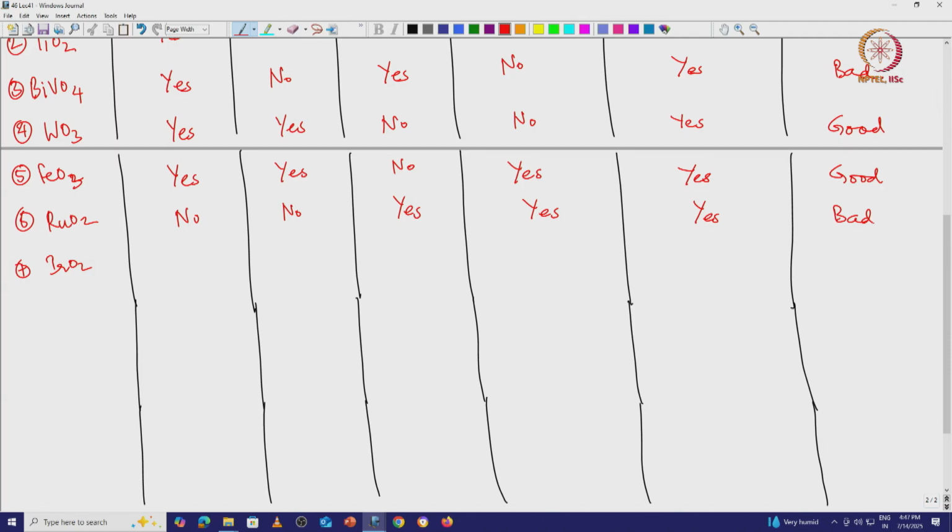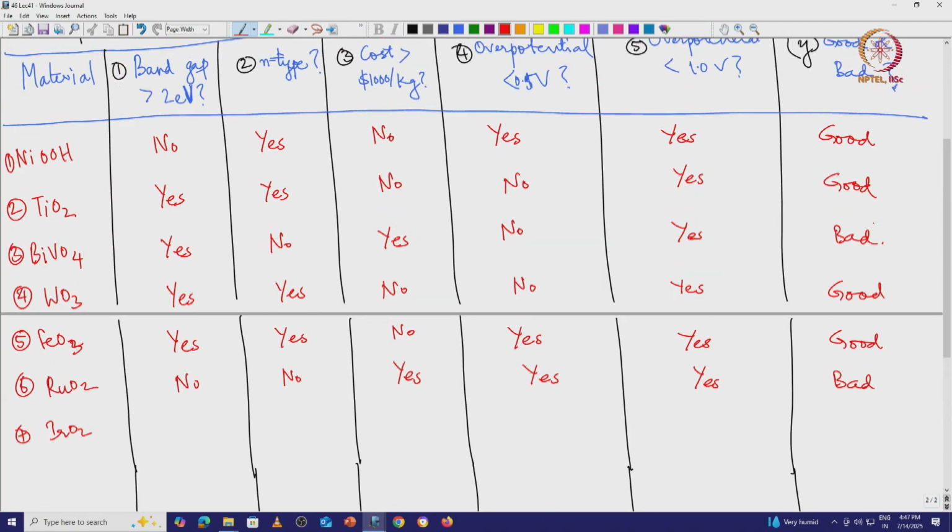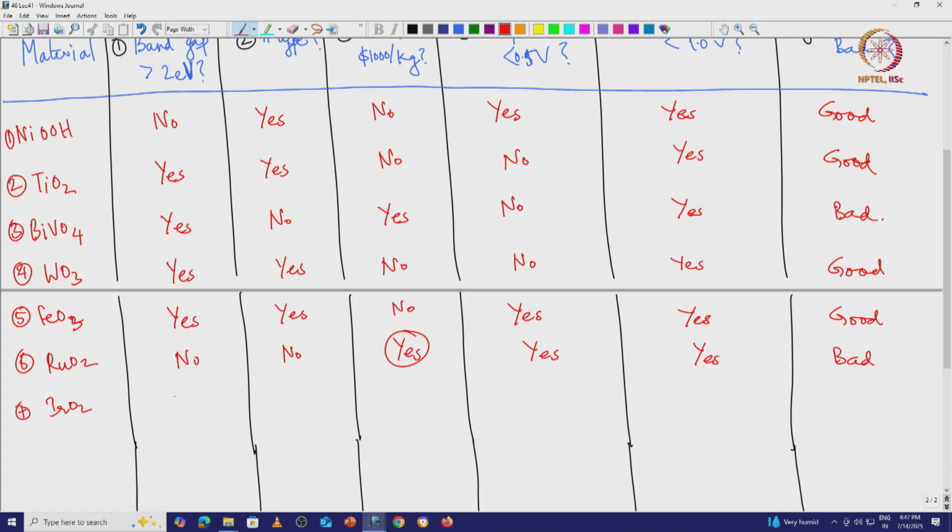So, this particular material is a really costly one. So, you can see that it is a bad photoelectrocatalyst. Of course, it also has certain other unfavorable features, it does not have a band gap and so on. This other material also, it has no, no, yes, yes, yes and bad.